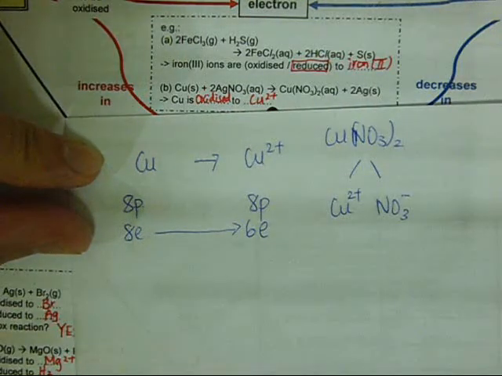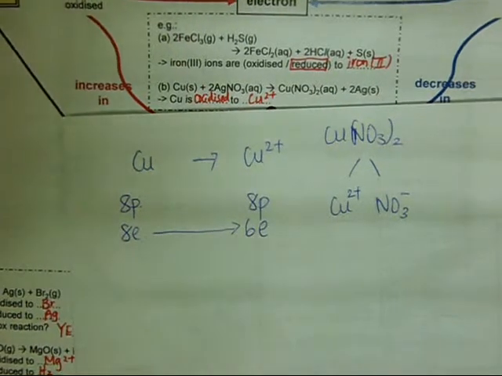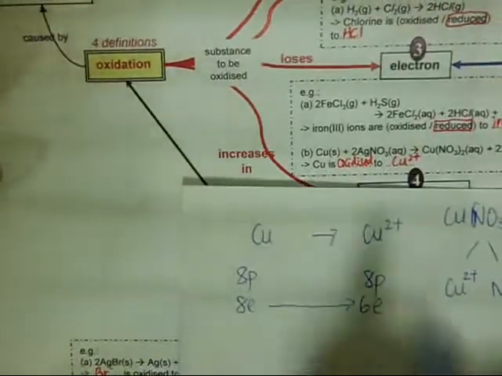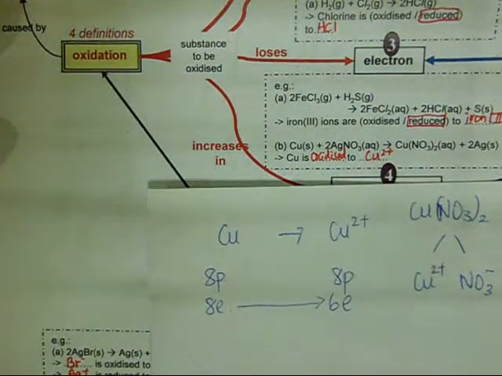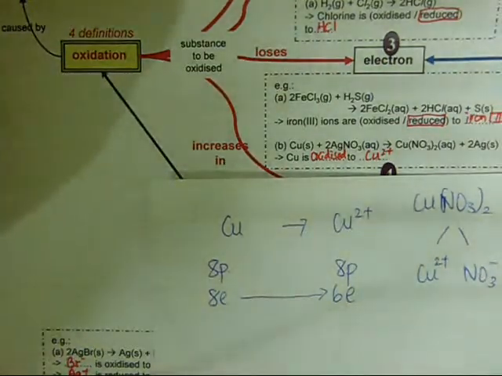It is a loss of electron. According to the definition, loss of electron is oxidation. Therefore copper is oxidized to copper 2+. This part is the loss of electron.